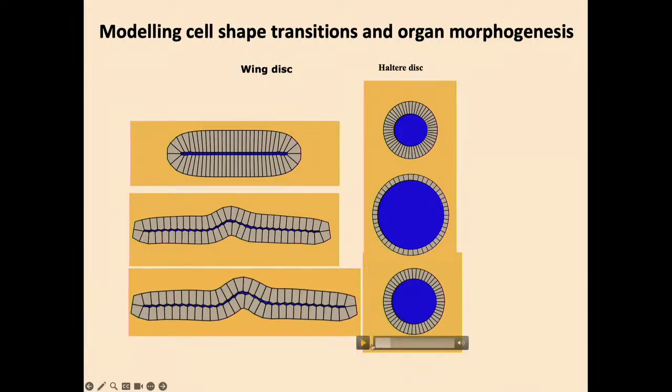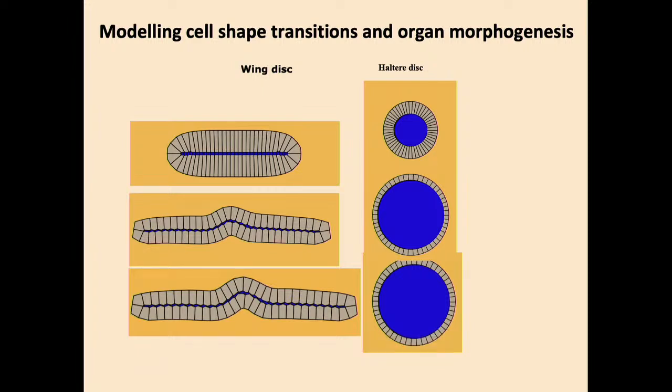In case of halter, so this is the observation, and this is the end result, and you'll see how with time it still increases in the lumen size, the volume between the two layers, but the dorsal and ventral layer cells are basically getting more and more separated in space, but their cell shape is not changed so much.